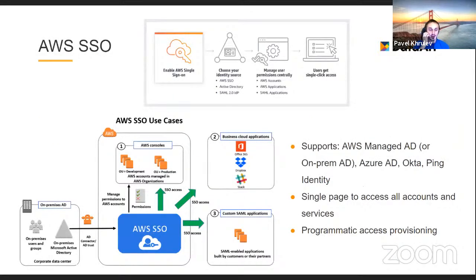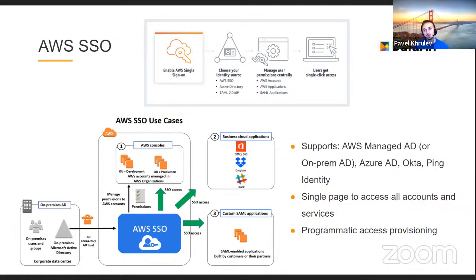The next service I want to talk about is AWS SSO. AWS SSO allows you to log into all accounts in your AWS environments just through one single sign-on page.